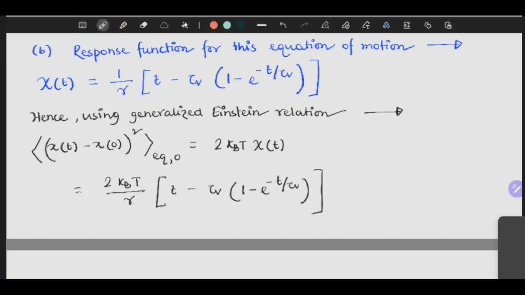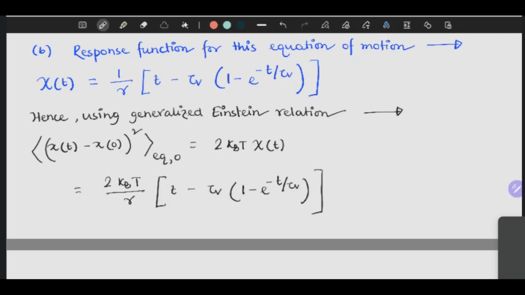Okay, and this agrees with the normal Brownian particle. So this we did.